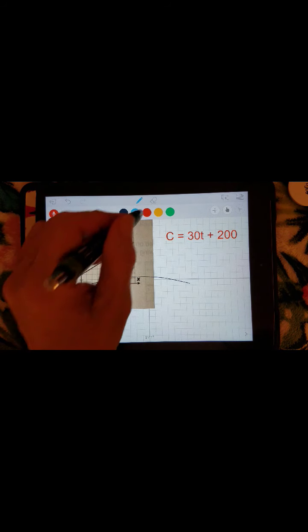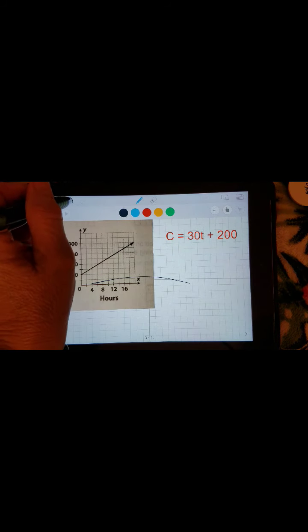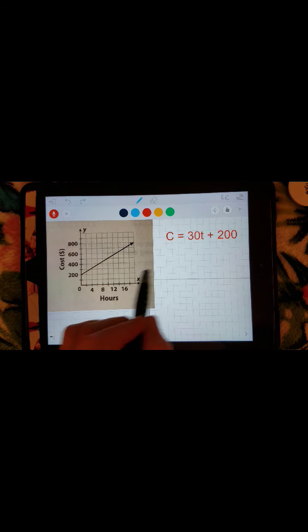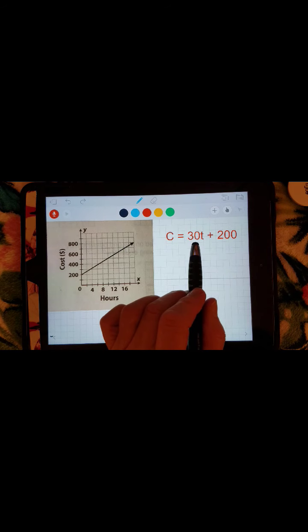So at no hours, you're going to start off with $200. And then for every hour of increase, you're going to increase by $30. So $30 would be your constant increase or your slope.